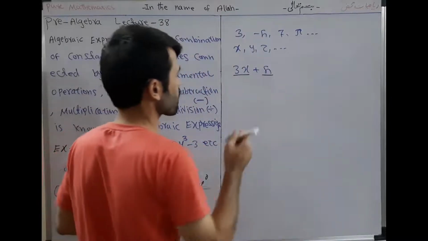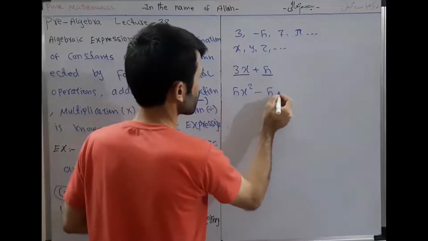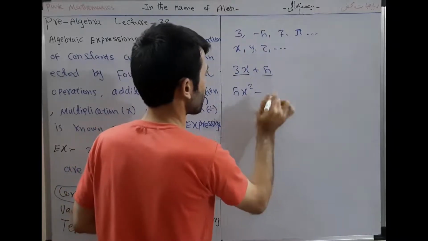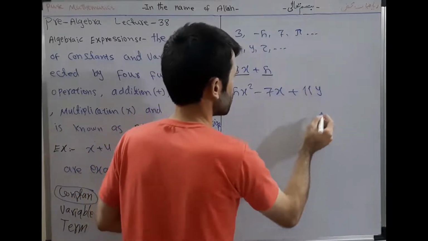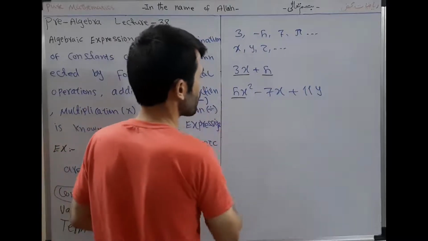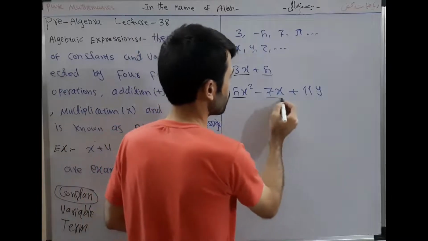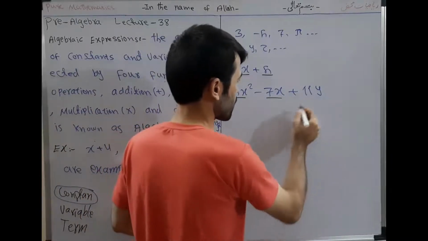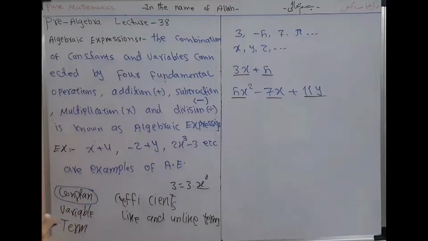Also we can write 5x square minus 7x plus 11y. Here 5x square is a term, minus 7x is another term, and 11y is also another term.